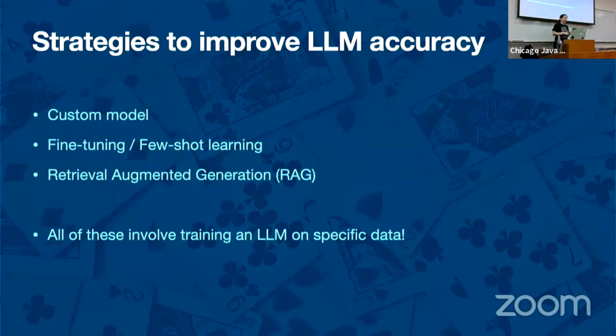The next option down on the list, I kind of grouped these together, even though they're a bit different: fine-tuning and few-shot learning. Fine-tuning is where you take a corpus of knowledge and you train the LLM, kind of like additional training. Think of it like taking an extra course or grabbing an extra degree. So you have an existing base of knowledge for the LLM, and then you're just tacking on this additional corpus of knowledge. But you would need, again, some resources to train that model to be very domain specific, to understand what it's doing.